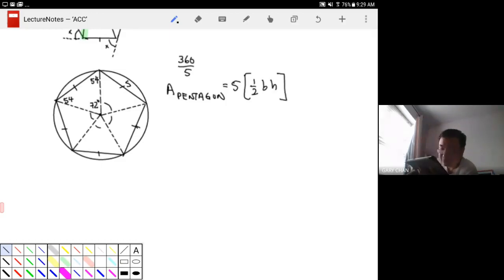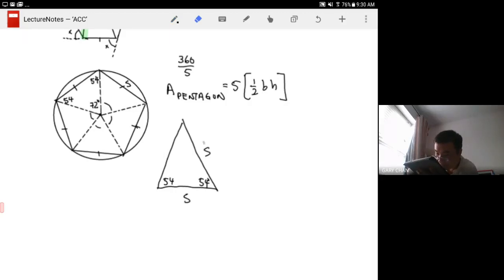So what's the base of the triangle? Let's observe the triangle here. I want to draw one of them out, where this is side length S, this is 54 degrees, and this is 54 degrees. Actually, no, those are not S. What am I saying?